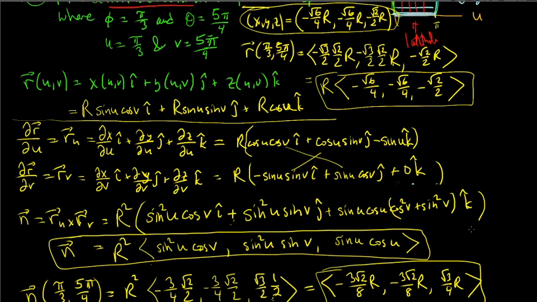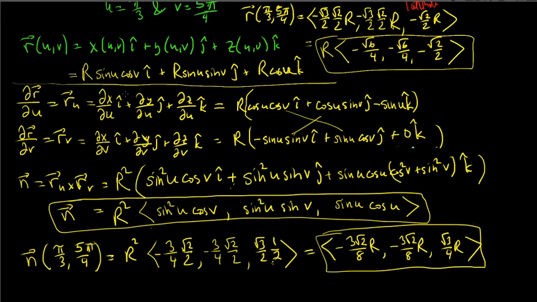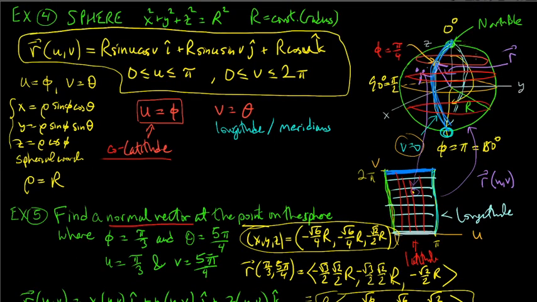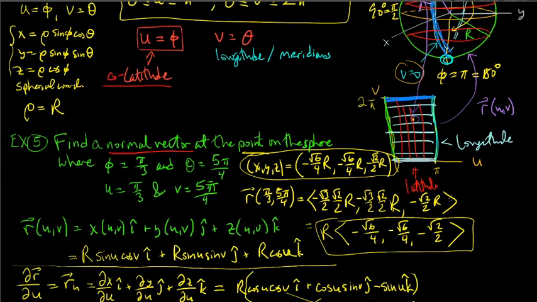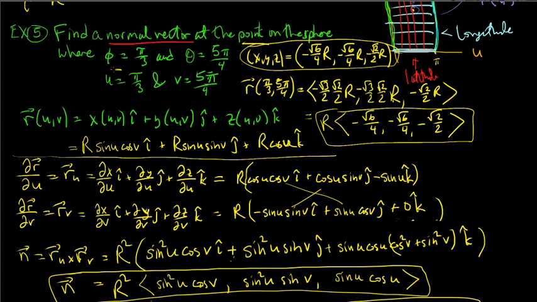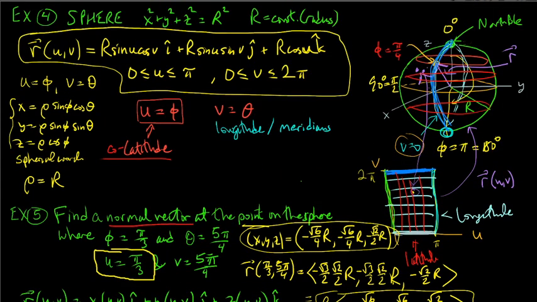So does that make sense? Yeah, so the z has a positive component because it's in the upper half of the sphere, the northern latitudes, right? Above the equator. Right, and I know that because phi is pi over 3, which is 60 degrees. So that's somewhere here, right? That's somewhere in the northern latitudes.